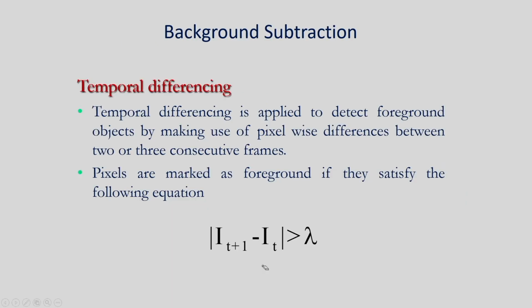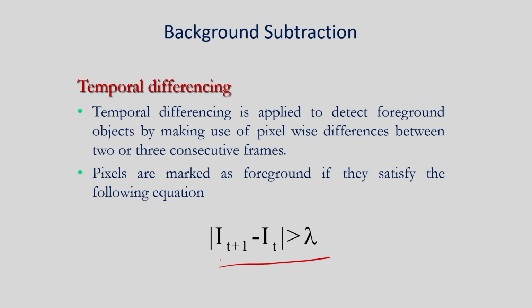Now I will discuss the concept of background subtraction. One very old algorithm is temporal differencing. This algorithm I can apply to detect foreground objects by making use of pixel wise differences between 2 or 3 consecutive frames of the video. That means I have to find the differences between 2 or 3 consecutive frames, and the pixels are marked as foreground if they satisfy the following equation.